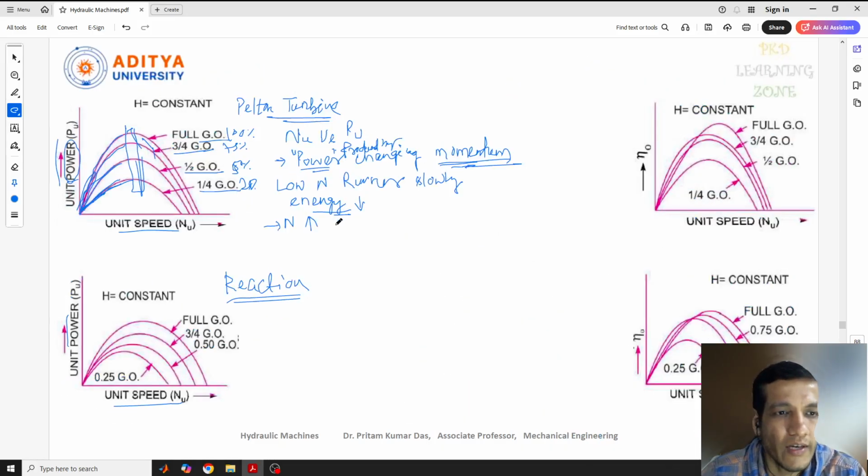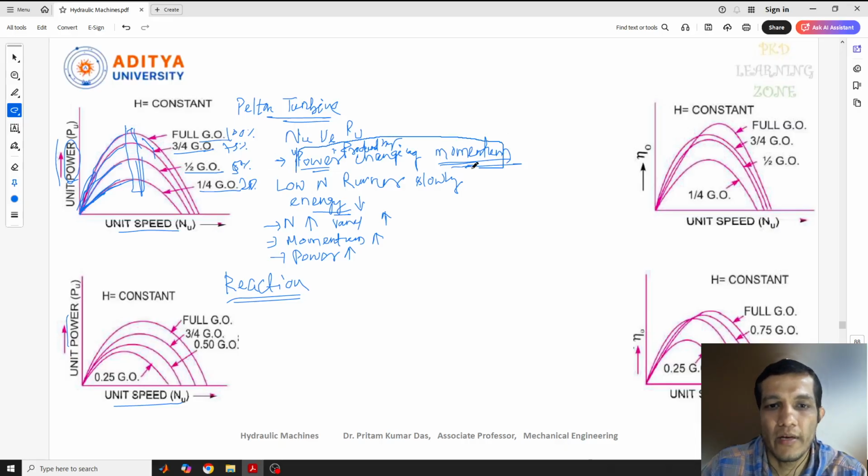So as the speed increases, the bucket, or the vane, also starts moving very fast. The momentum, which is directly related to this, also changes very fast, and in that sense the power is developed very fast, or we can say the power also increases very fast due to this.